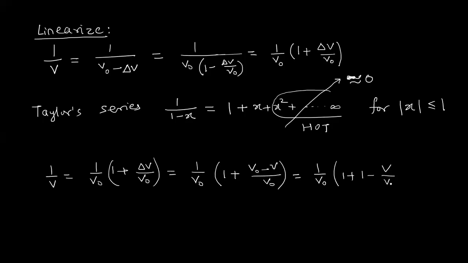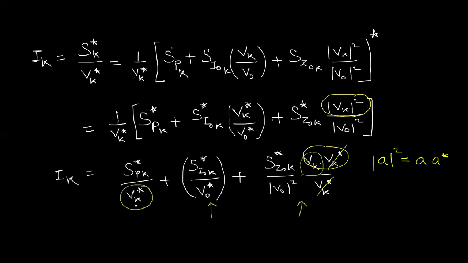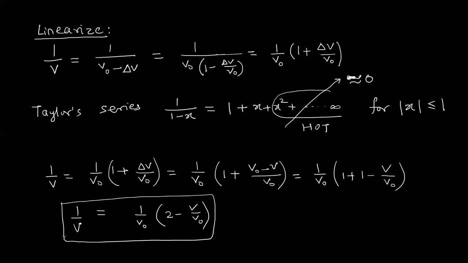So that term becomes 1 upon V naught times 2 minus V divided by V naught. So this is the linearization we got. Let us substitute that term here. Here we have VK conjugate, so the conjugate term will come. The rest of the thing is fine.